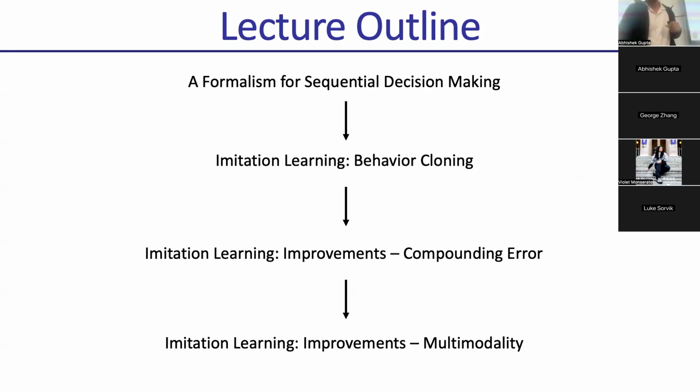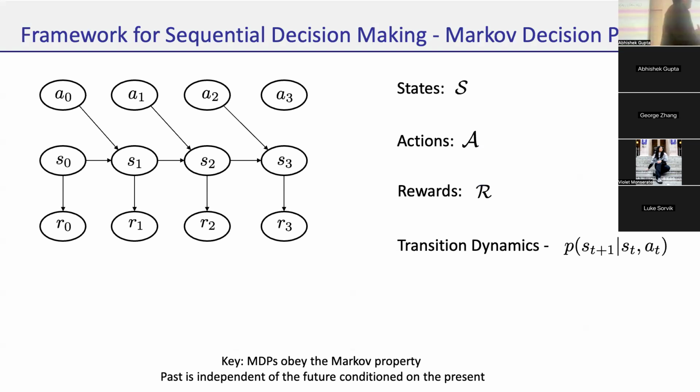Right? Alrighty. So the framework that you typically use for sequential decision making is something called a Markov decision process, or an MDP. And a Markov decision process has states S, actions A, rewards R, and transition dynamics P. We've seen some versions of this throughout. We've seen states and actions before. We've seen rewards in terms of costs for optimal control.